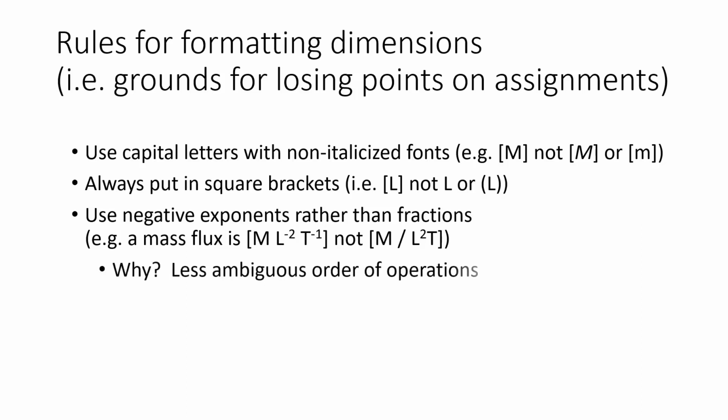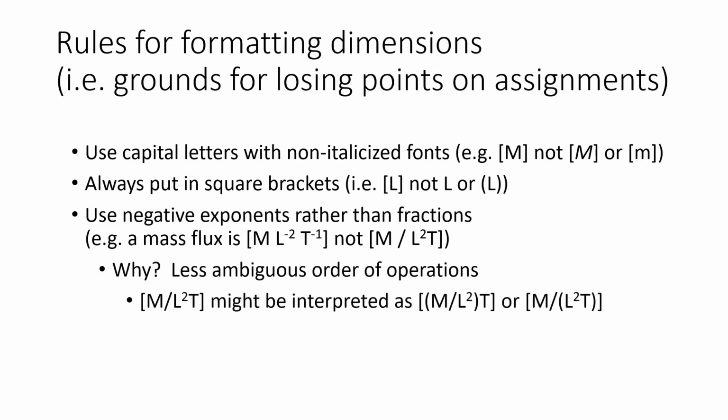Why do we do this? Well, it's a less ambiguous order of operations. If you are looking at M/L squared T, that could be interpreted in a couple of different ways depending on where you thought the order of operations should go. And these are very different dimensions from each other, these two definitions.